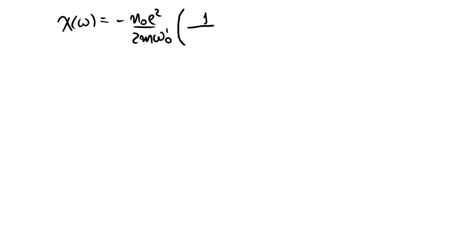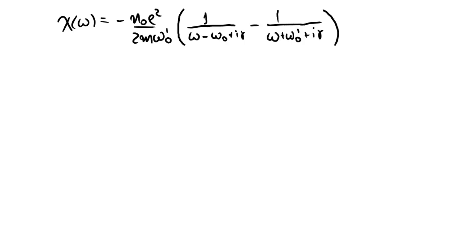It's easy to check that this expression gives you the same expression as on the previous page. If I define omega 0 prime as the square root of omega 0 squared minus gamma squared, and this damping term is very small, then omega 0 prime is more or less the same as omega 0 itself, the original frequency of this oscillator, right?